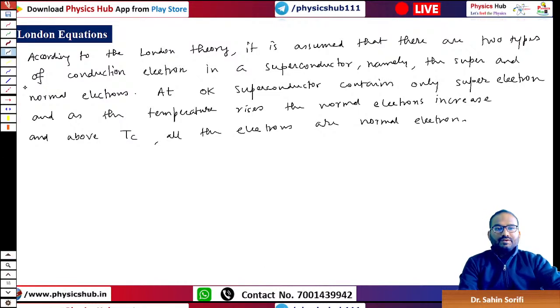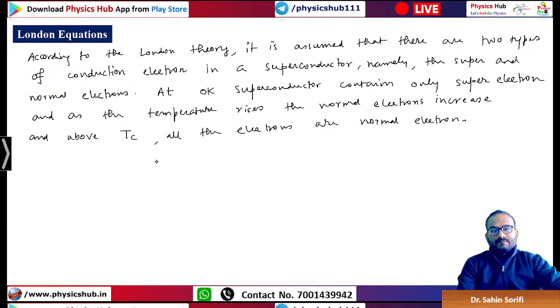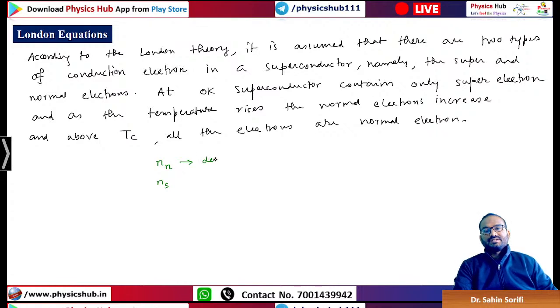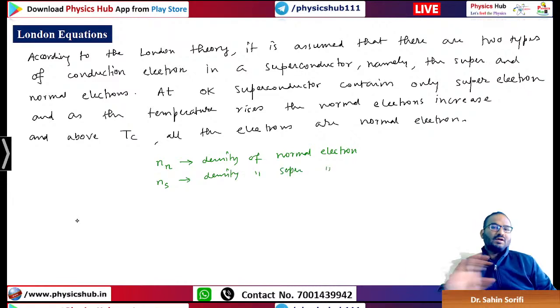So if I name them, what are n n and n s? You can say that n n is the density of normal electrons, and n s will be the density of super electrons.